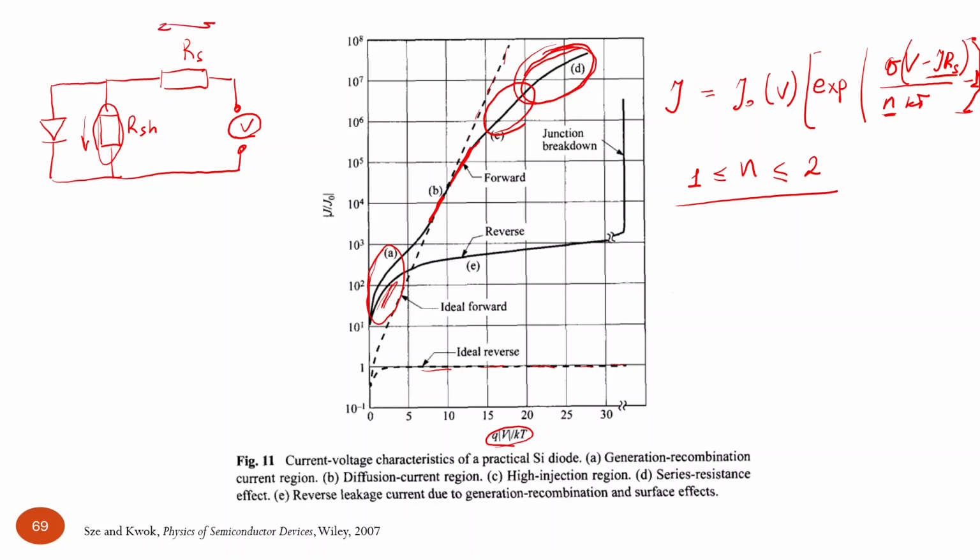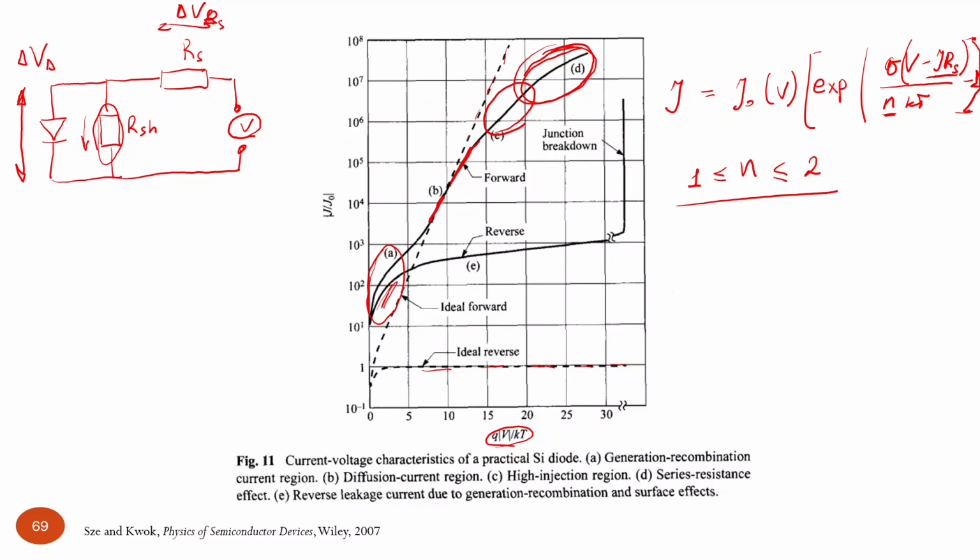Part will drop here, delta Vs, like Rs, and part will drop here. It will be delta V, let's say, diode.